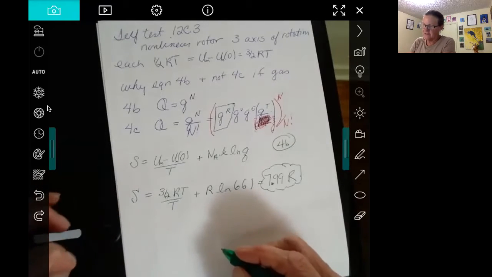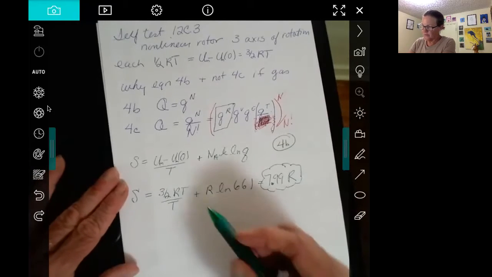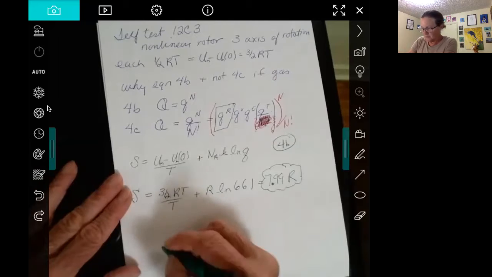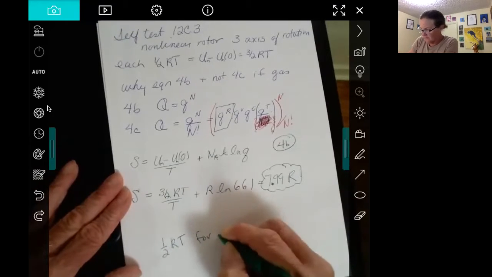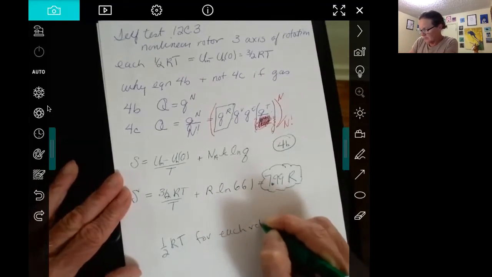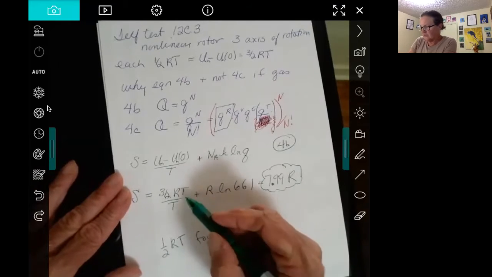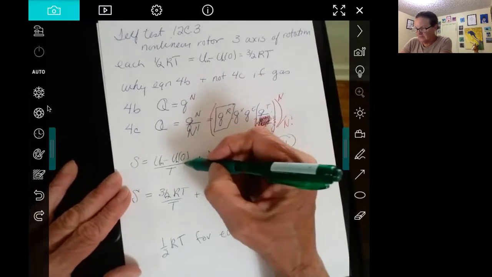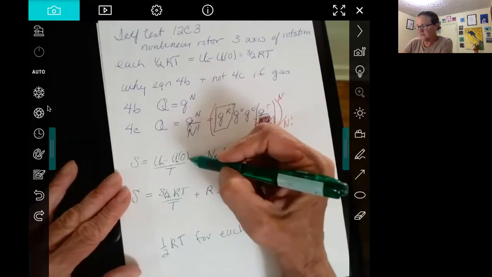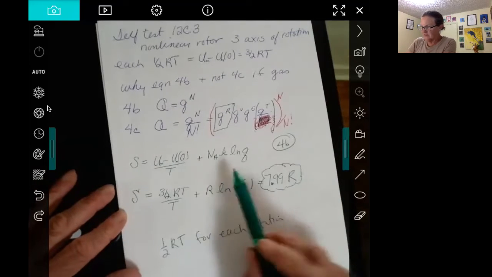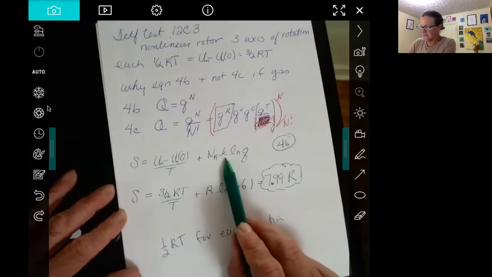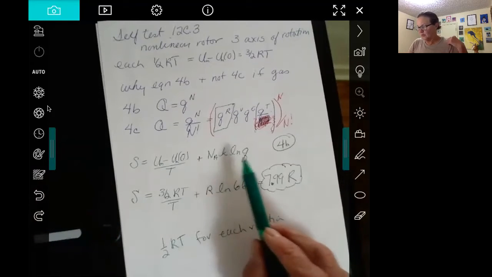Ethene is a non-linear rotor, so it has three different modes of rotation. So 1/2 RT for each rotation, which means you get 3/2 RT is the internal energy relative to zero. When you put that in here and divide that by T, then you're going to put N_A times k because you want the contribution to the molar.